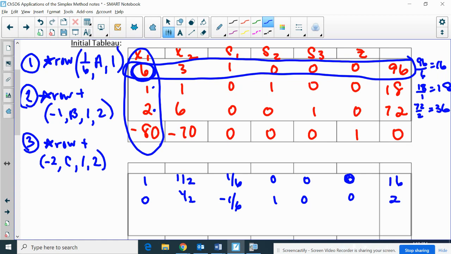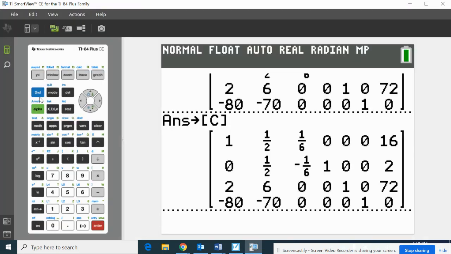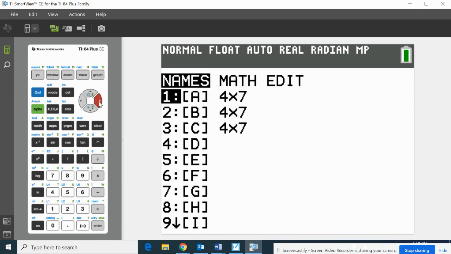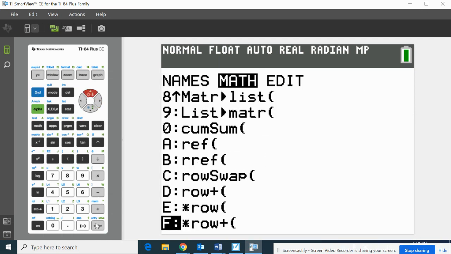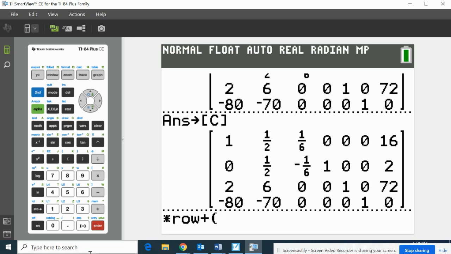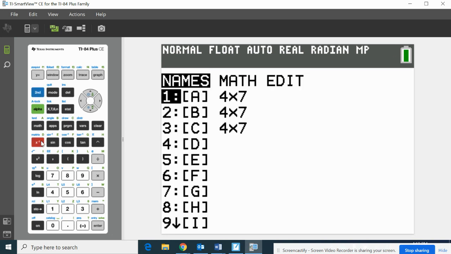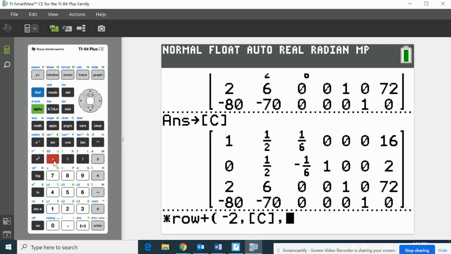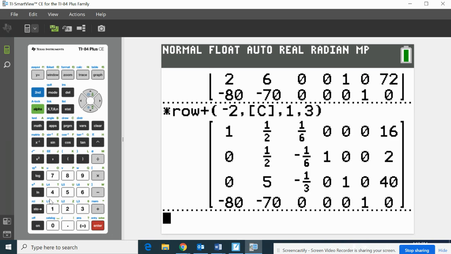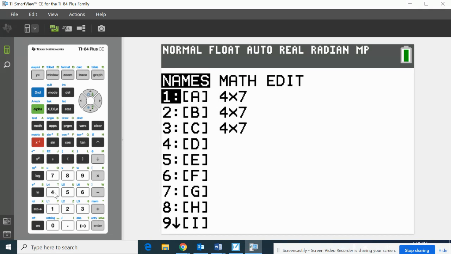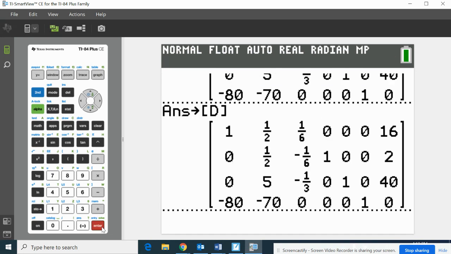So back to my graphing calculator. Second matrix, arrow to math, arrow up to star row plus. I want -2, comma, second matrix C, comma, my pivot row 1, and I'm adding to row 3. Enter, and store this into my next letter alphabetically. So for letter D, and enter.